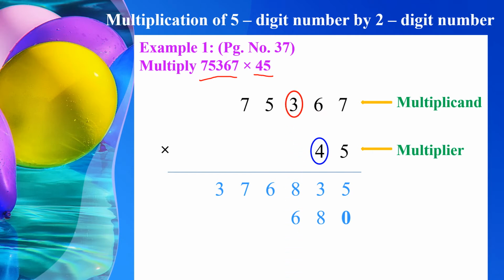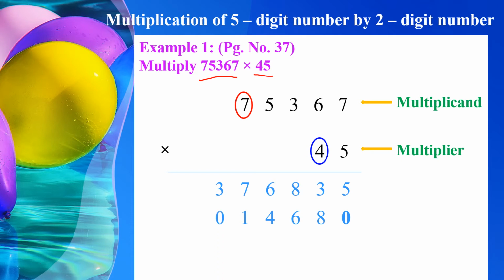4 into 3, which is equal to 12. 12 plus 2 equal to 14. Write 4 here and keep 1 in your mind. 4 into 5 equal to 20. 20 plus 1 equal to 21. Write 1 here and keep 2 in your mind. 4 into 7 equal to 28. 28 plus 2 equal to 30.